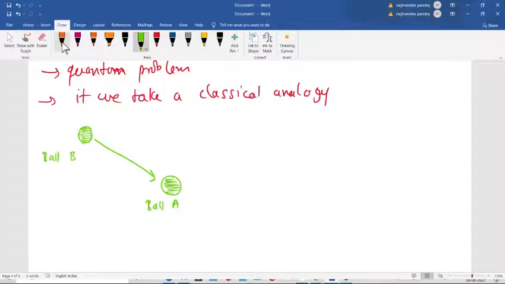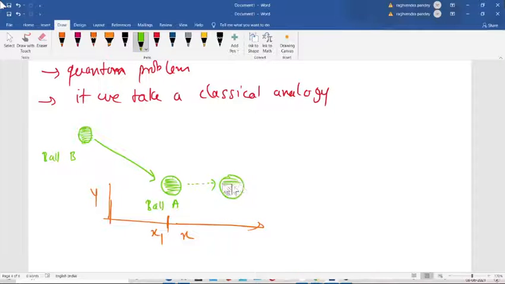Now suppose this is your y-axis and this is your x-axis. On the x-axis, there is a particular position, let's take it as x1, where the ball A is lying. Now, when ball B strikes the ball A, ball A will change its position.